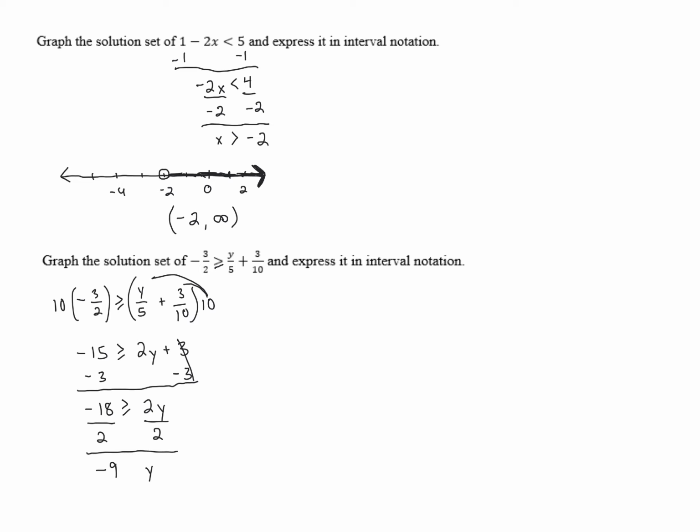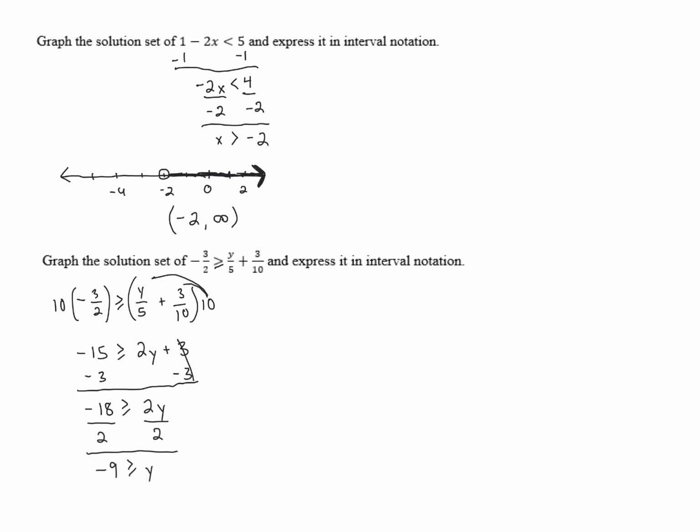We get y all by itself on the right, and again, we do not flip the inequality sign. We were dividing by a number, but it wasn't a negative number. So the inequality sign does not change. So we've got negative 9 is greater than or equal to y.